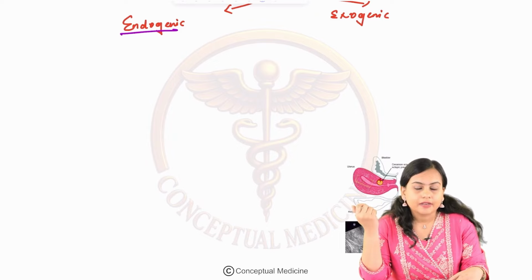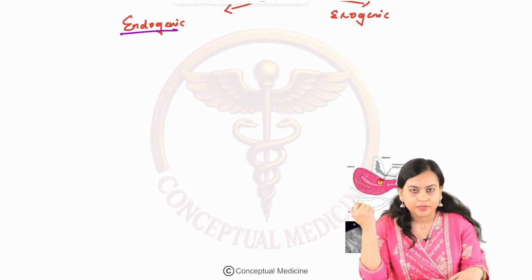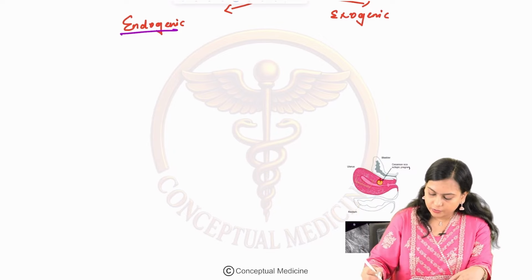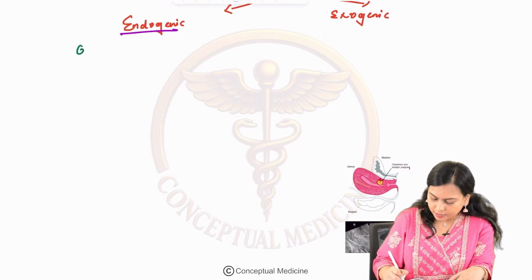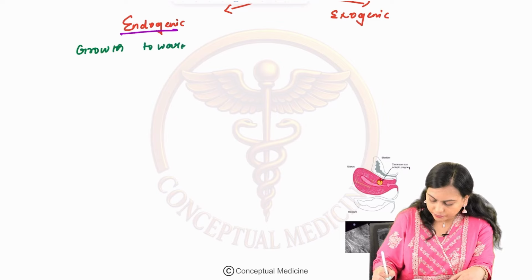So, this may complicate itself as placenta accreta spectrum also, right? And sometimes this may even necessitate the hysterectomy. Clear? So, in endogenic, the pregnancy growth is towards the uterine cavity.